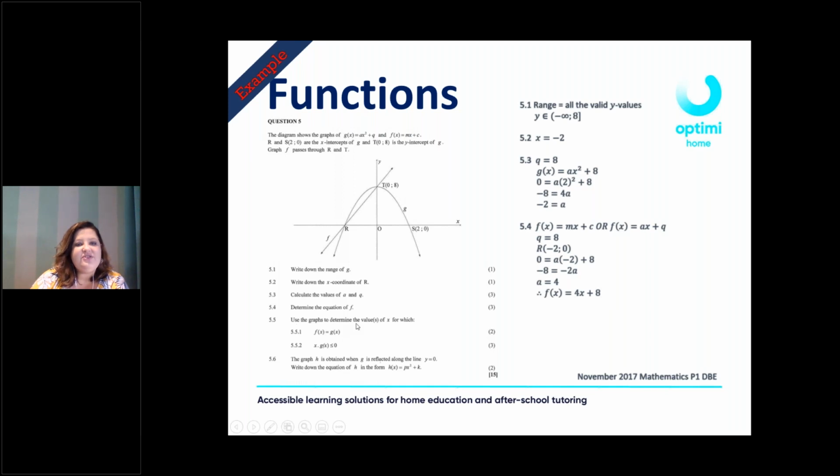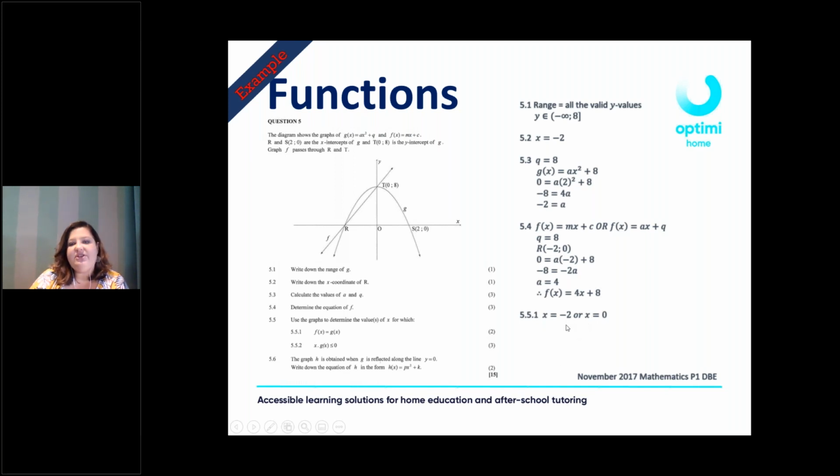So they say use the graphs to determine the values of x for which f(x) is equal to g(x). So that is all the points where the two graphs cut each other, where they are equal to each other. Now this happens at the point R as well as at the point T, and I have those coordinates already. So you can say it happens where x is equal to -2 or where x is equal to 0, because I want the x values.